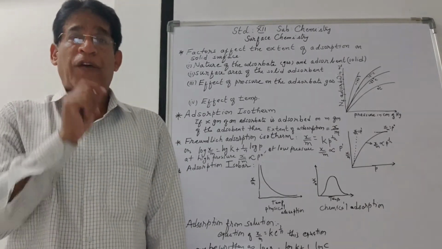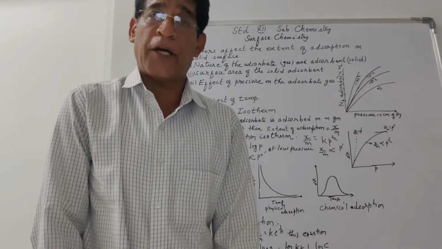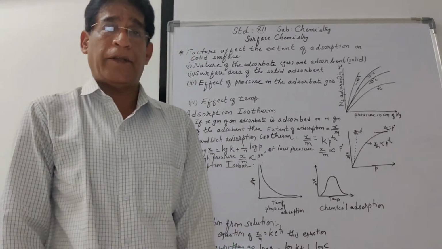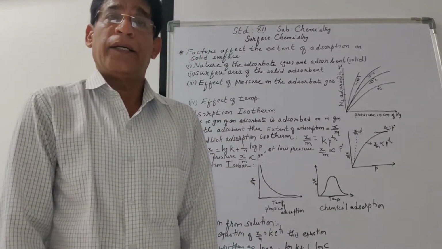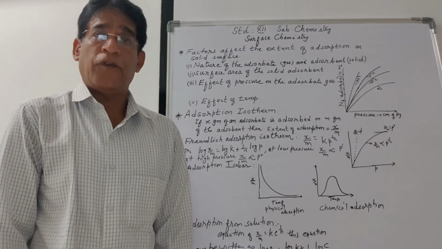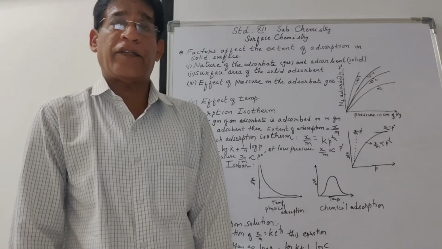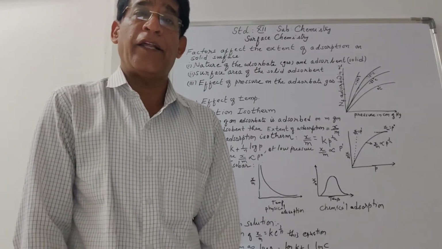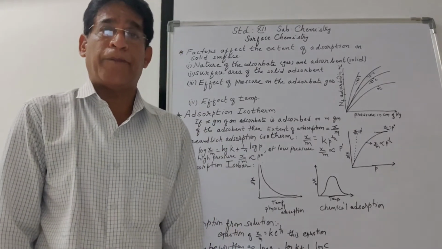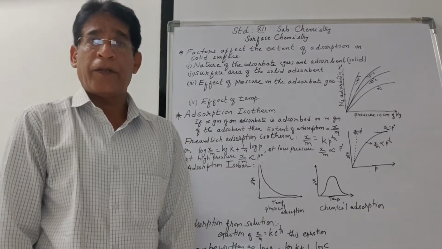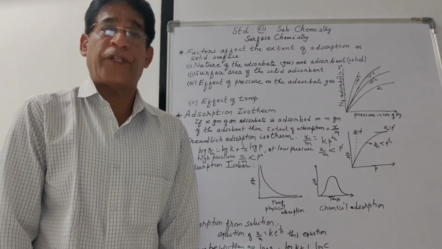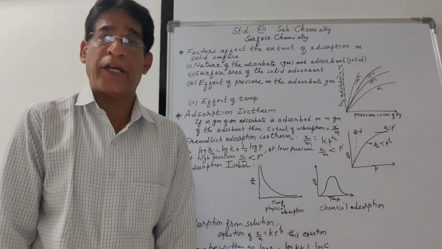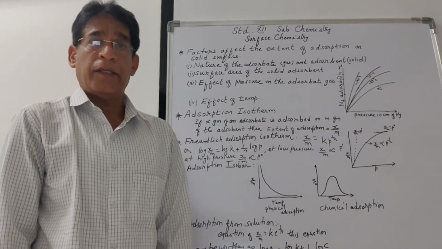Now, factors affecting adsorption from solution. The adsorption from solution by a solid adsorbent is found to depend upon the following factors. Number 1, nature of the adsorbent and the adsorbate.